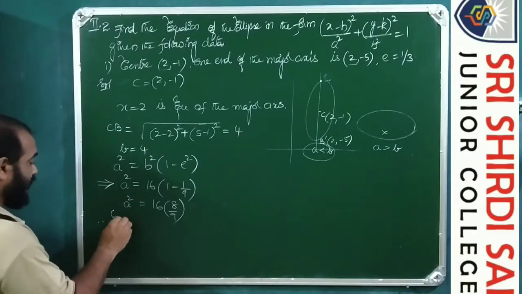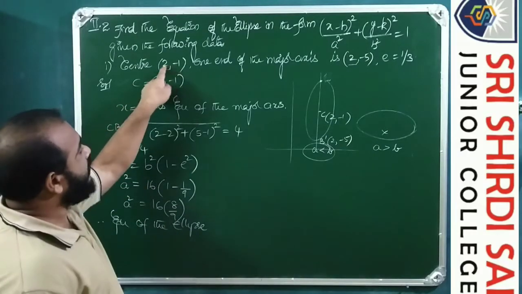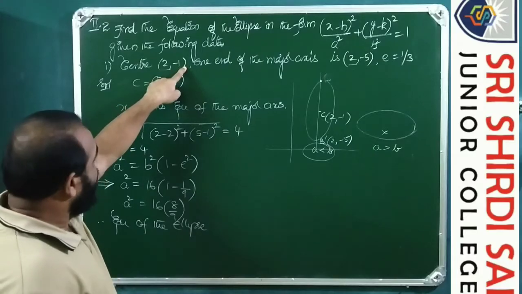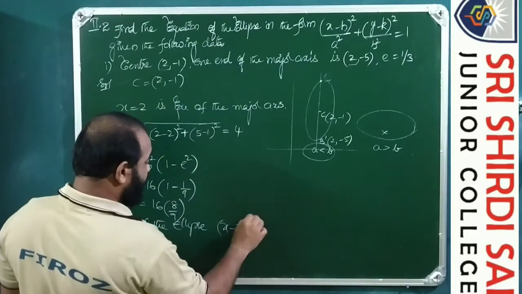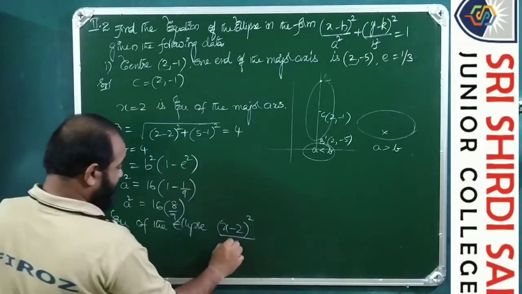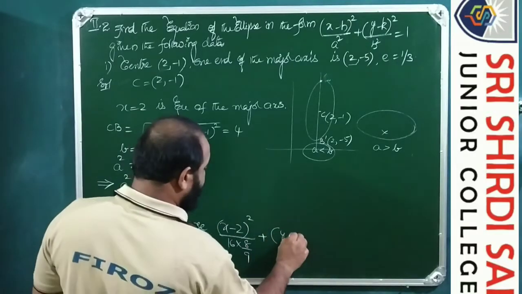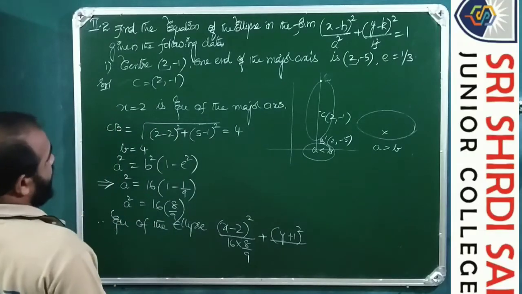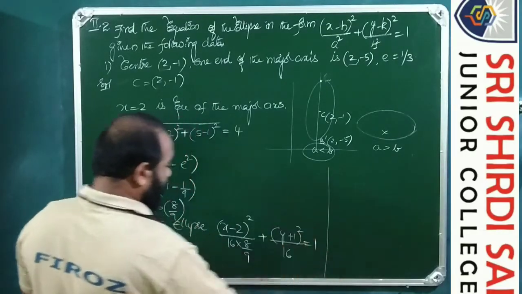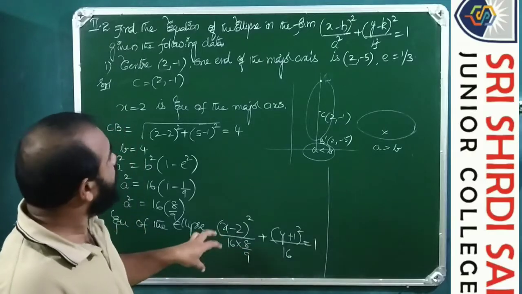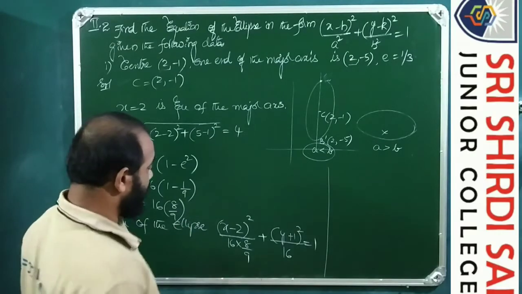Therefore, the equation of the ellipse having center (h, k) as (2, minus 1) and a square as 16 into 8 by 9 is (x minus 2) whole square by a square, 16 into 8 by 9, plus (y plus 1) whole square by b square, b square here is 4 square, 16, equals 1.